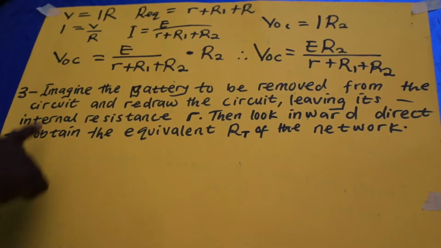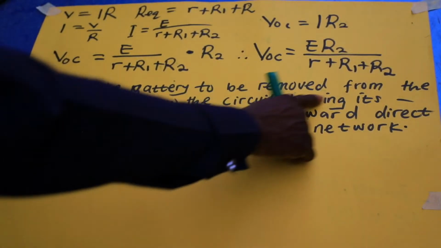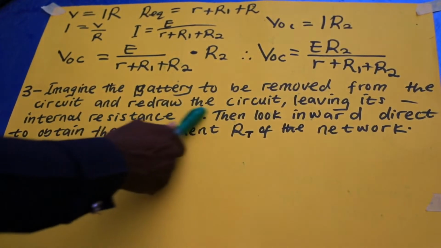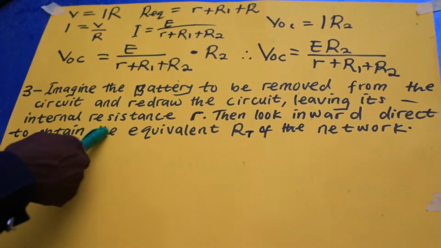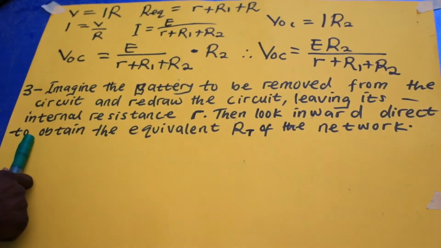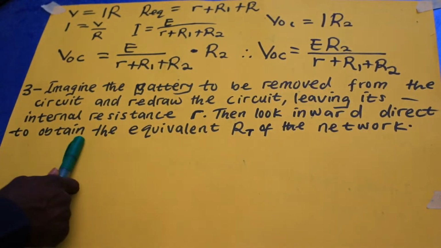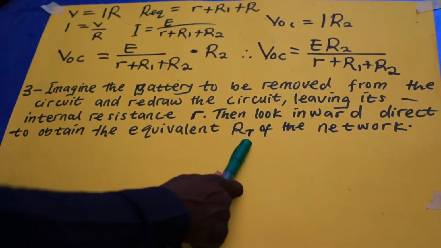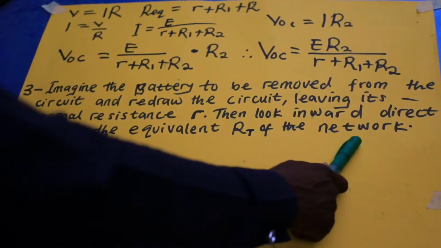So this is how we obtain Thevenin's voltage, that is VOC, from this circuit. Now step number 3 says imagine the battery to be removed from the circuit and redraw the circuit, leaving its internal resistance r. Then look inward, directly, to obtain the equivalent resistance, that is R Thevenin, of the network.